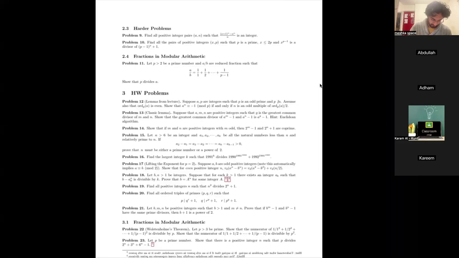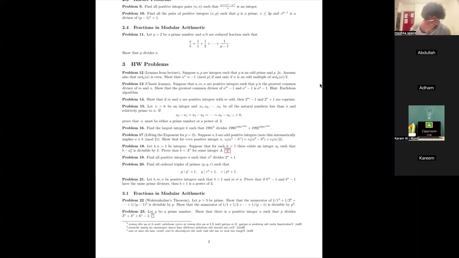Okay, so the homework is what it is, and there's something I wanted to add to the homework. It's called Hensel's lemma, so I'll add that later.